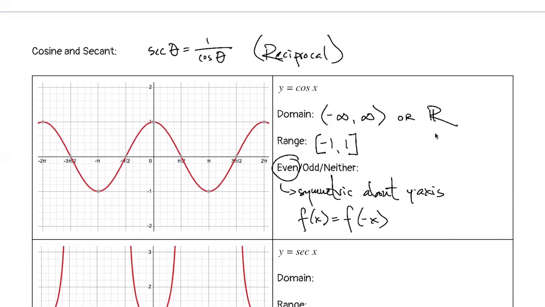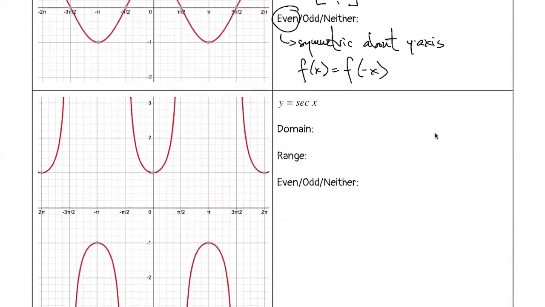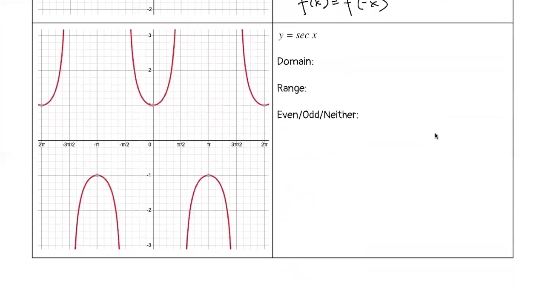And so let's use the same reasoning we did with cosine to think about how we get the graph of secant, okay? So this graph of secant is right here. And this is the picture that you get when you go on Desmos and you graph secant, right? But let's explore where it came from.